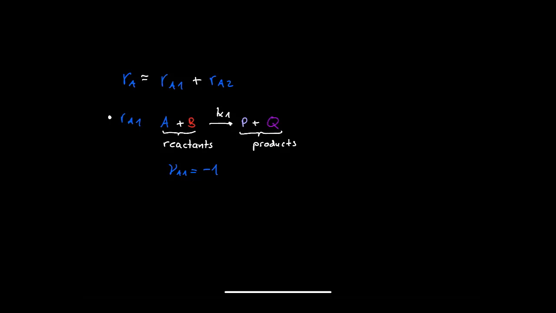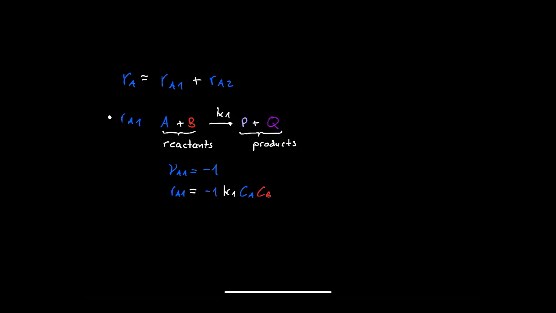Resulting in the reaction rate RA1 being equal to the stoichiometric coefficient of the species A for the reaction rate RA1, which we just determined is -1, times the rate constant K1 times the product of the concentration of our reactants, which is the concentration of the species A times the concentration of the species B elevated to the corresponding reaction order.